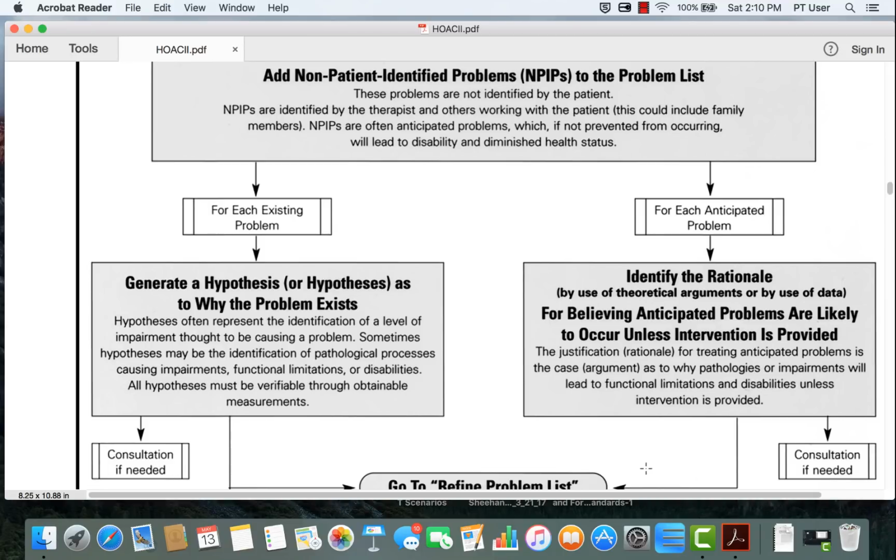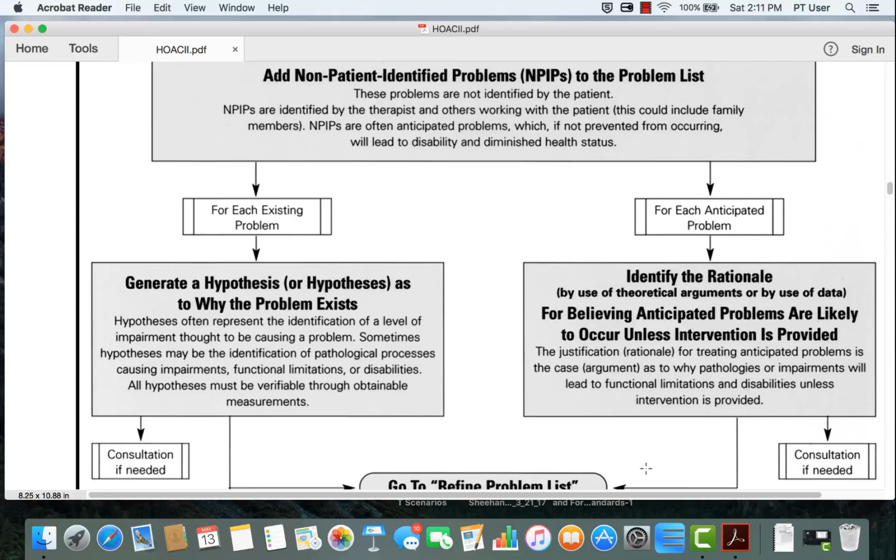Up till now, we've been talking about 2 aspects of the patient-client management model. The PT exam, and then giving meaning to the data, which is the evaluation portion. Now, as we get to these 2 boxes that you see here side by side, that fall under existing problems and anticipated problems, we're now talking about a PT diagnosis.